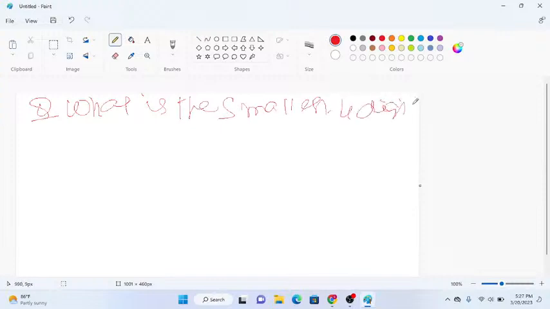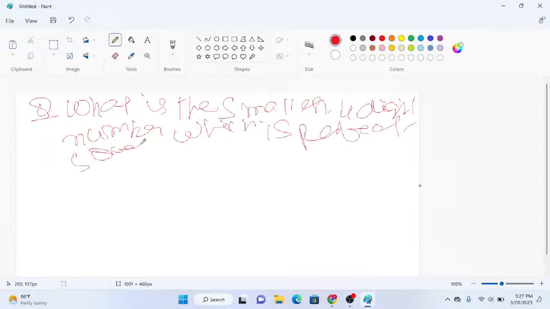So just like here, what is the smallest four-digit number which is a perfect square?